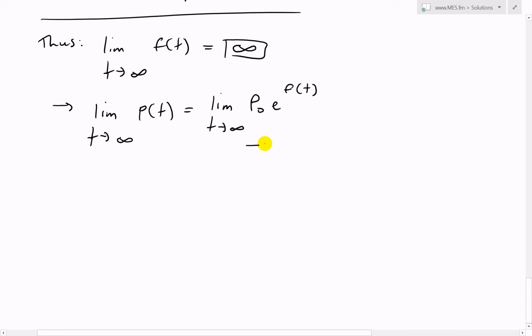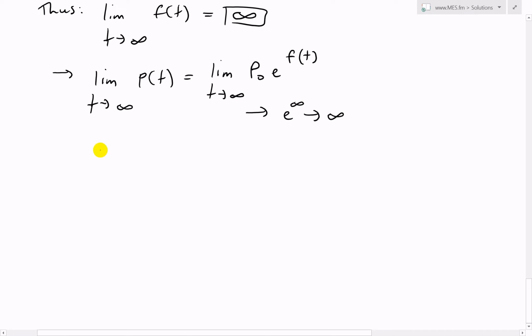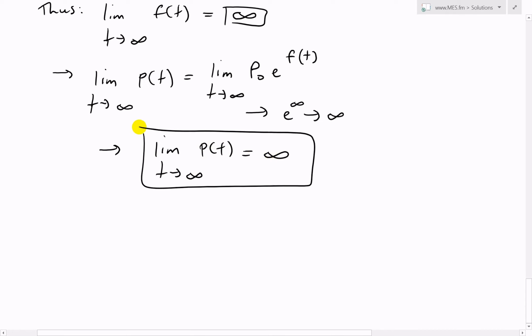So we have a case where e is to the infinity, as t approaches infinity, f of t is approaching infinity. So then e to the power of infinity is just approaching infinity. So this whole thing is just equal to infinity. So we get the limit as t approaches infinity of p of t is equal to infinity, like that.